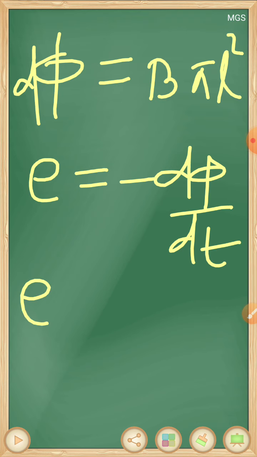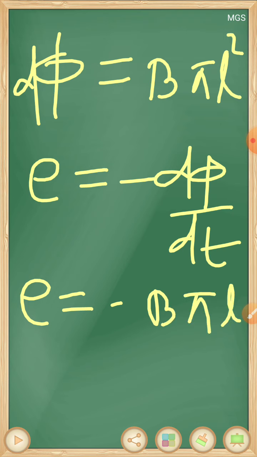So E is equal to minus B pi L square by time period T.